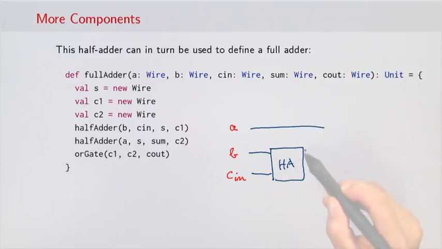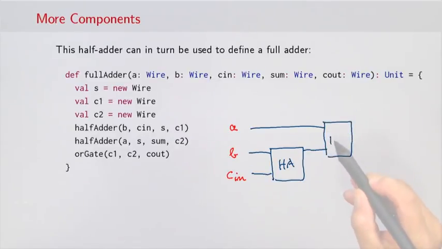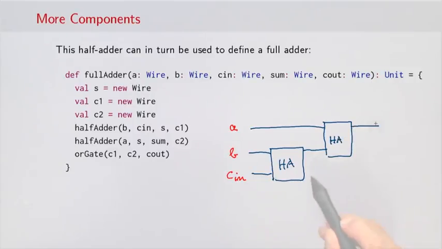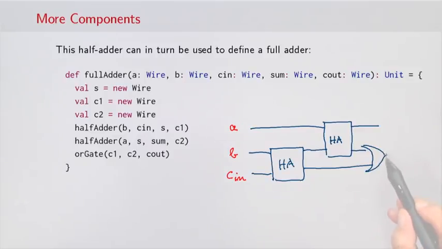Then placing another half adder between the A and the sum of the first one. That sum result would give us the final sum. And as to the carries, we produce them by taking the OR of the 2 carries of the half adder. So here we get the sum, and here we get the output carry.